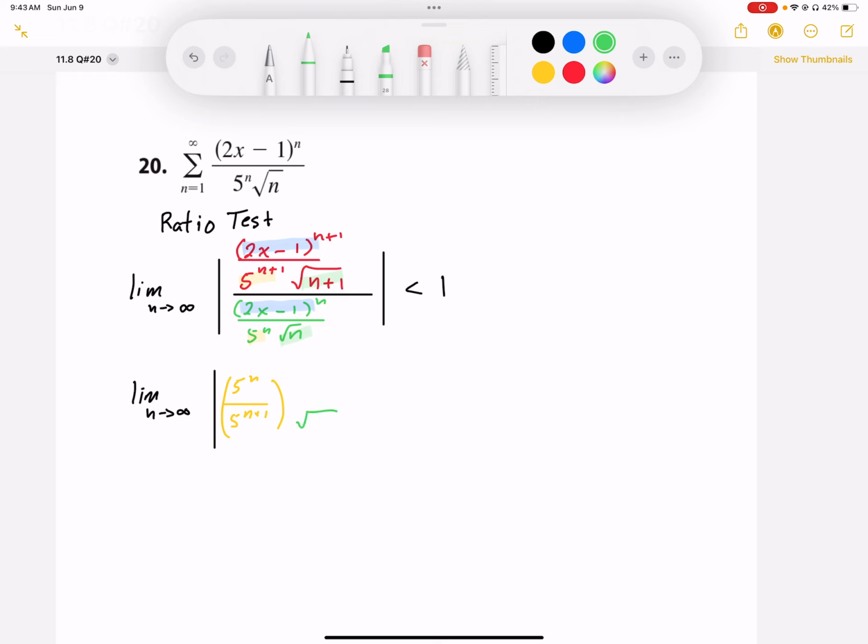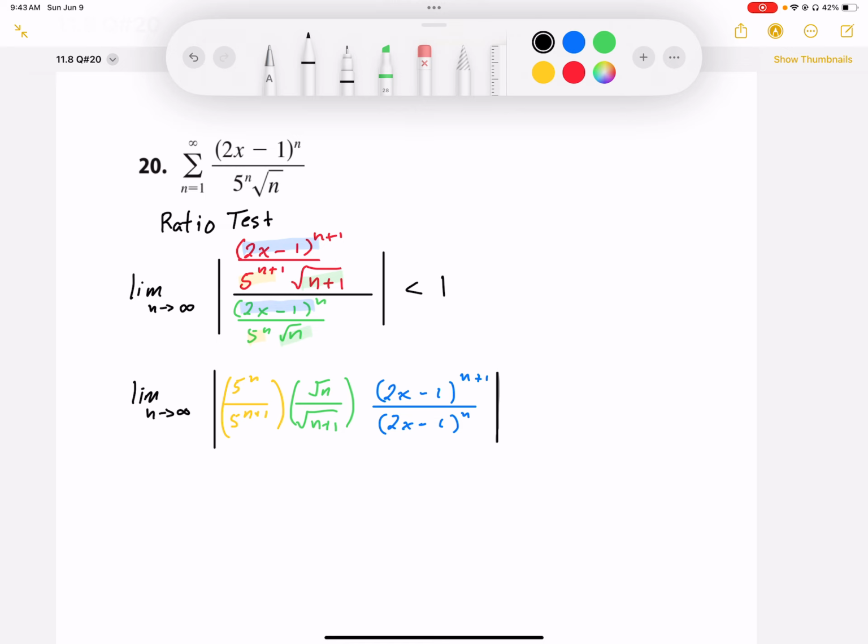So we're going to end up with root n plus 1 in the denominator, root n in the numerator, and then we'll group the power parts. So we have 2x minus 1 to the n plus 1 over 2x minus 1 to the n.